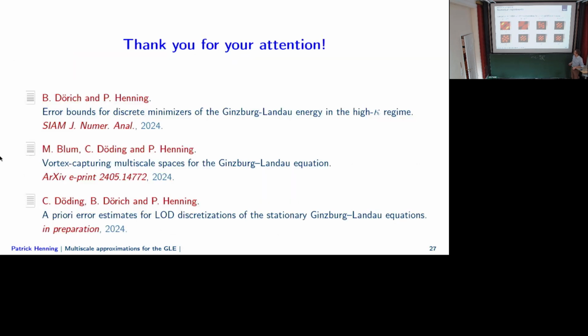Okay, that was it. So these are the 3 relevant works. This is the first work where we discovered this pre-asymptotic effect. We did it for standard finite elements, and we discovered that there is something that went unnoticed so far.